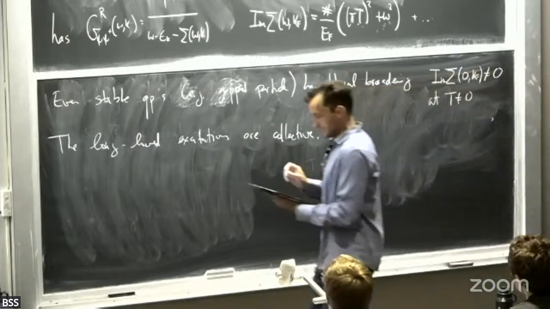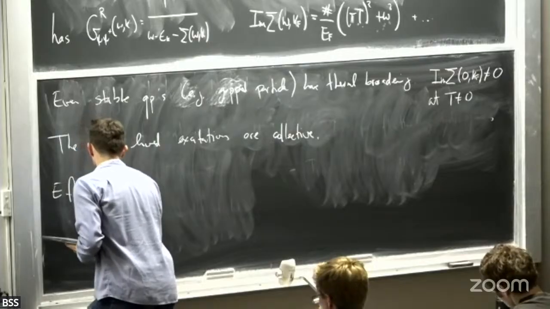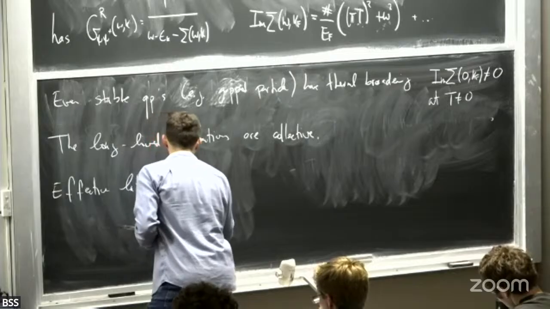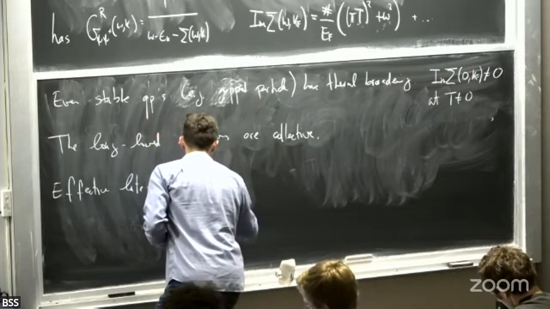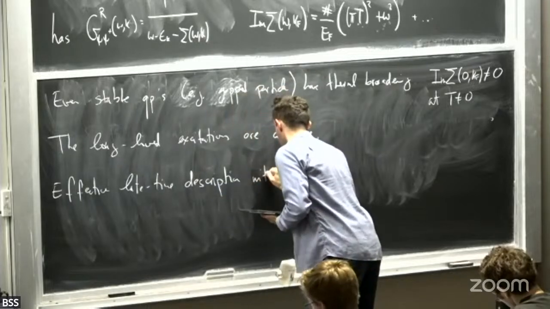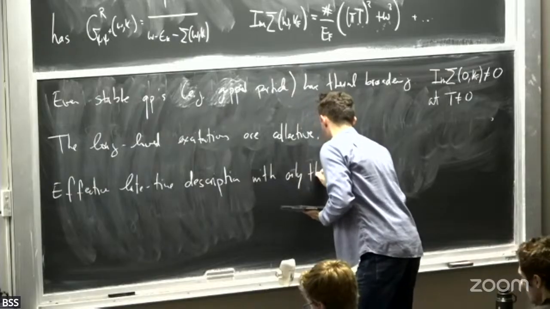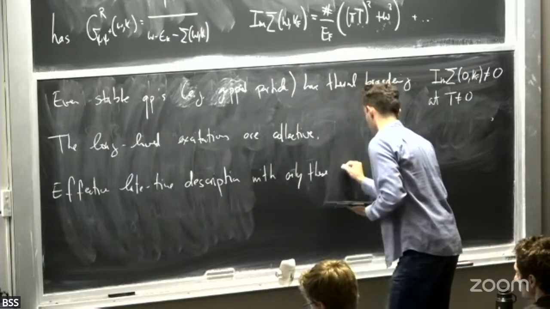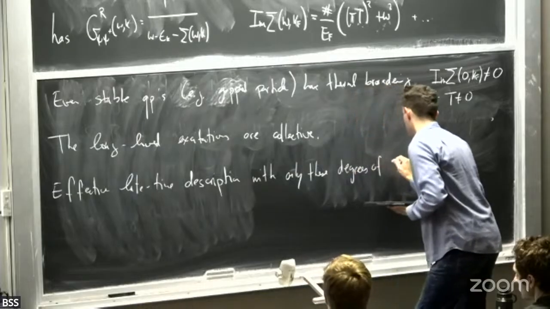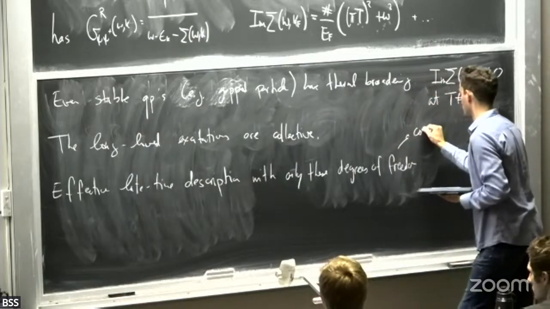So this motivates building an effective late time description that only has these collective excitations, with only these degrees of freedom, the conserved densities.